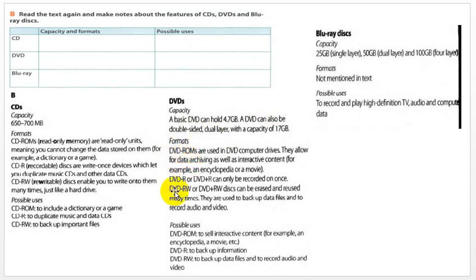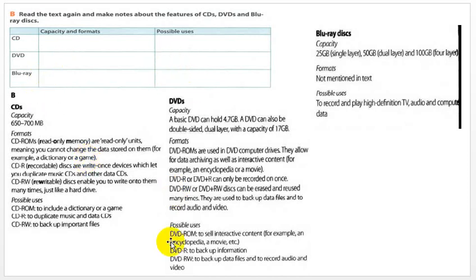They allow for data archiving as well as interactive content, for example an encyclopedia or movie. DVD-R or DVD+R can only be recorded on once. DVD-RW and DVD+RW discs can be erased and reused many times. They are used to back up data files and to record audio and video.